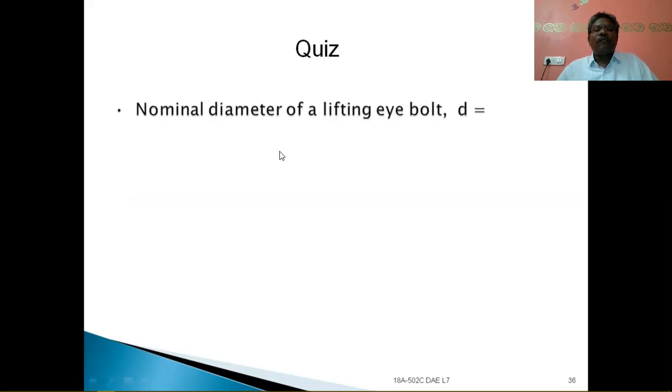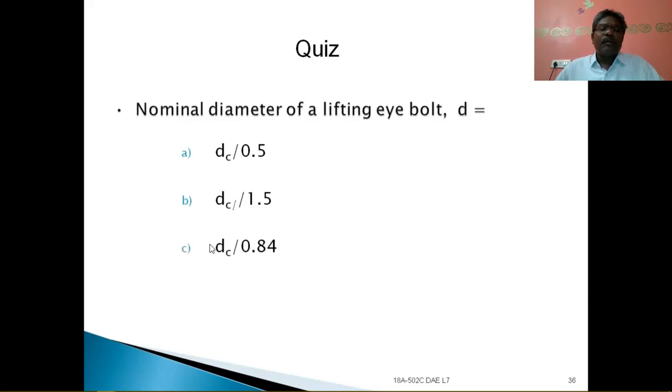The nominal diameter of a lifting eye bolt, D, is equal to: option A is DC by 0.5, option B is DC by 1.5, option C is DC by 0.84, and option D is DC by 1.84.